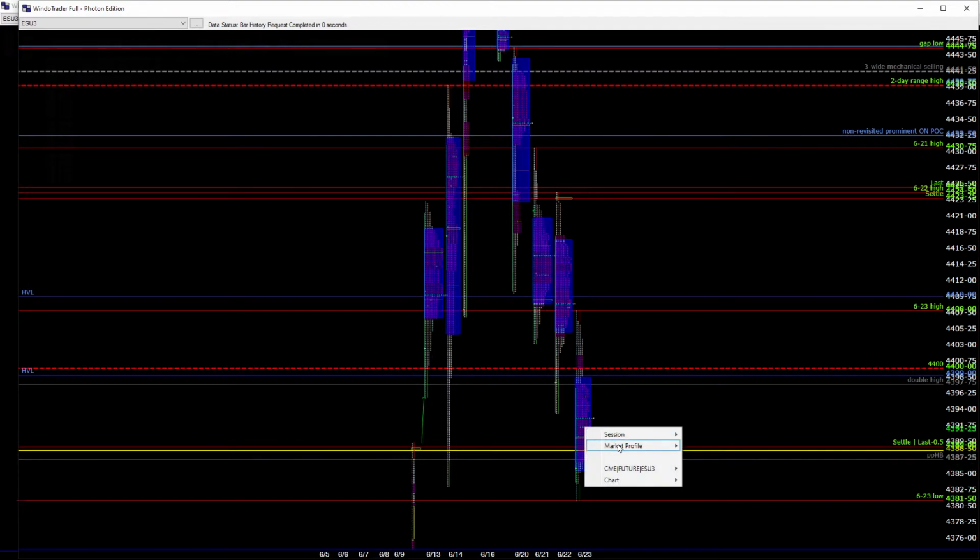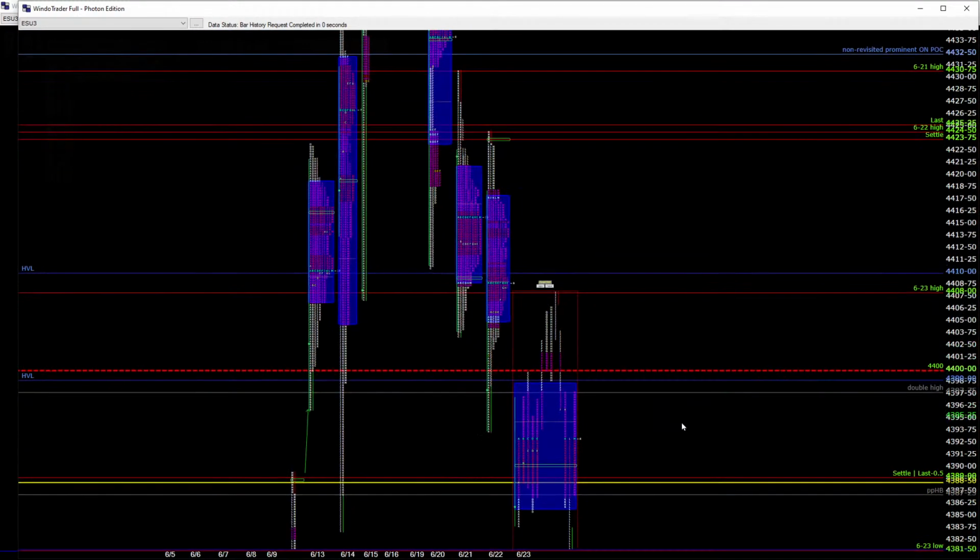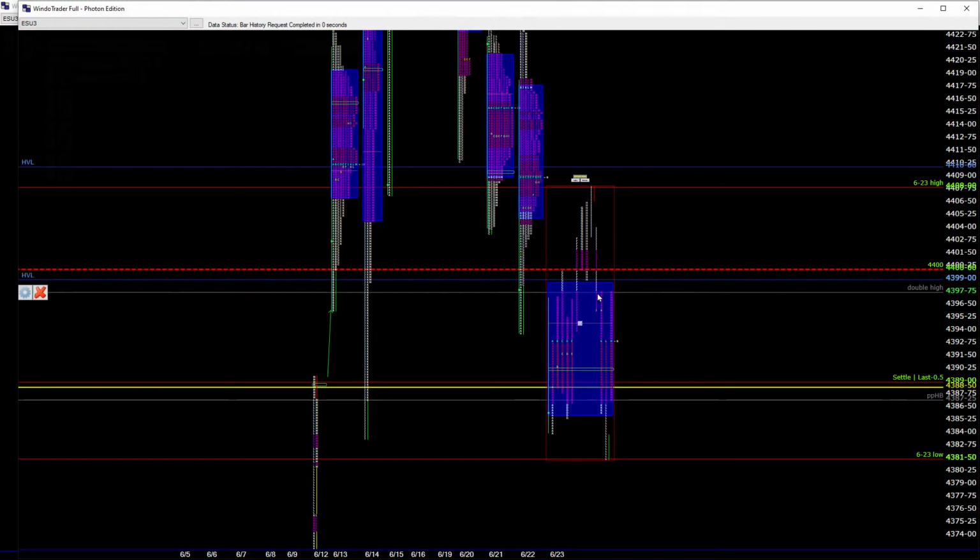And yesterday, the curious thing is it left a weak high here and a weak low here. The high is very questionable, very close to the previous day POC. And the low as well.